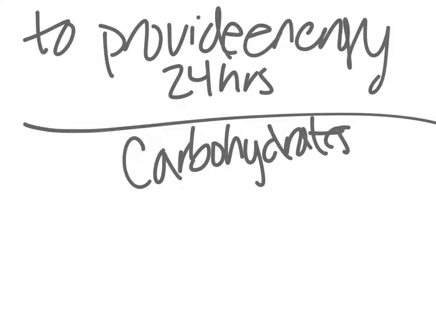Let's look more into carbohydrates to know exactly what they are. The reason this macromolecule is able to do all these things for our bodies is because of the elements that it uses.